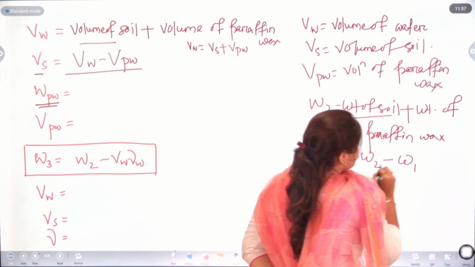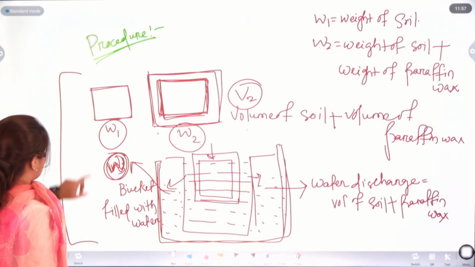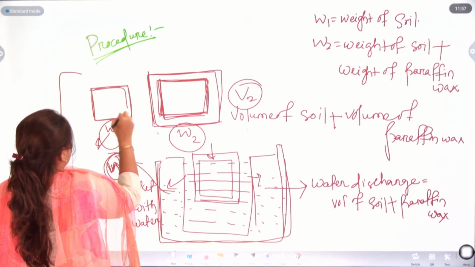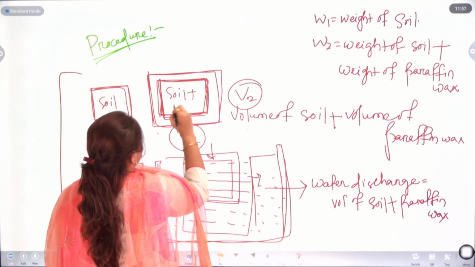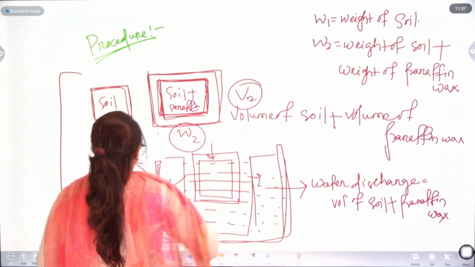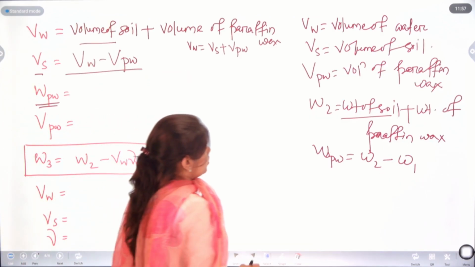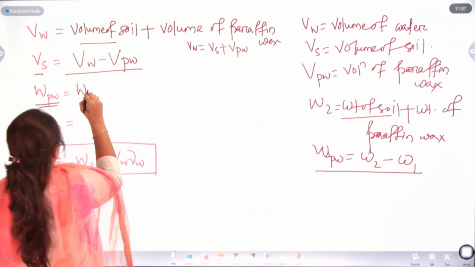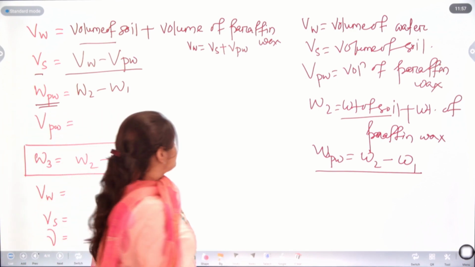We can take that as W1 here. We have already taken the weight of soil as W1. Okay. So, we have Wpw as W2 minus W1, right.